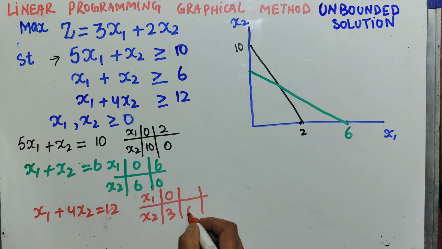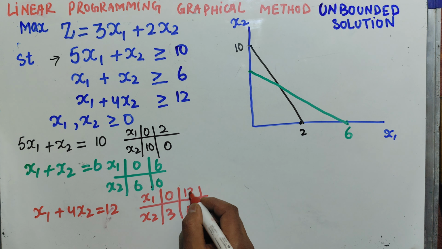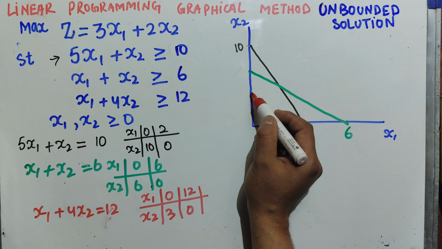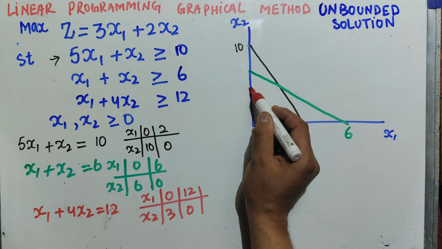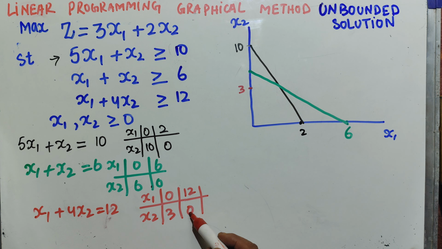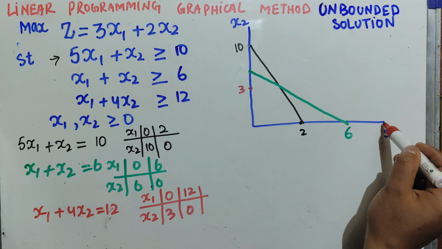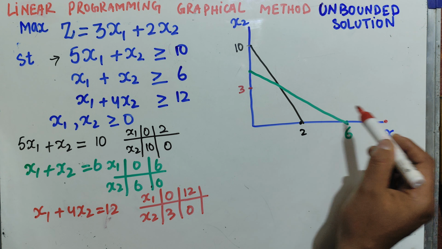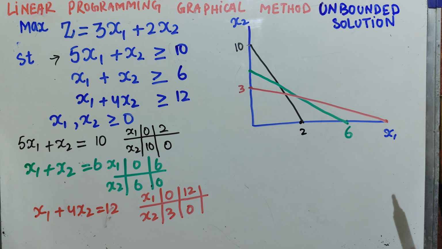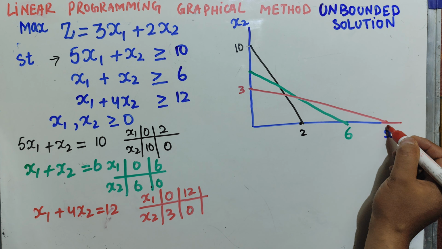And when x2 is equal to 0, x1 is equal to 12. Let us say this point denotes 3 and this point denotes 12. Okay, so this is 12.